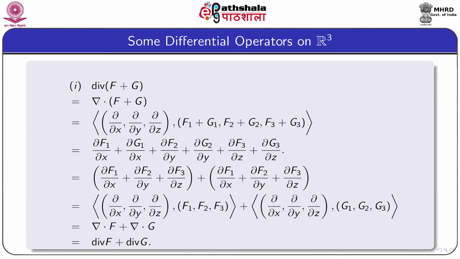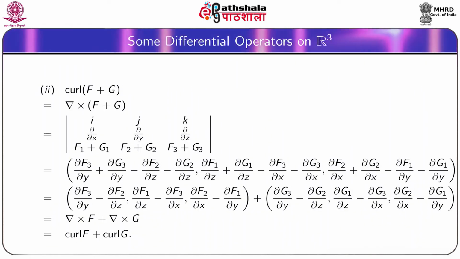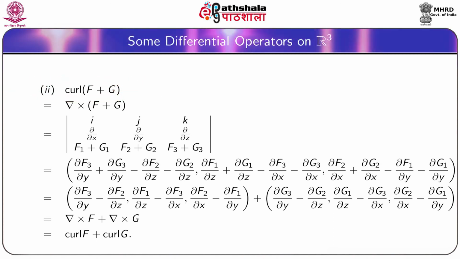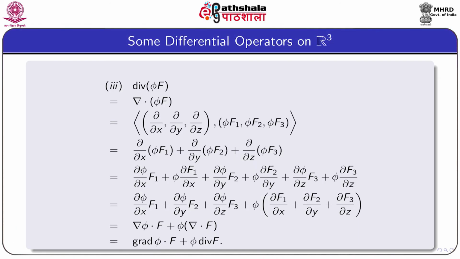The first result we have shown in the calculations. Divergence of f plus g equals divergence f plus divergence g. That is, divergence is additive. Second result, we have shown here the calculations. Curl of f plus g equals curl f plus curl g. Third result, divergence of phi f equals grad phi dot product with f plus phi divergence f.